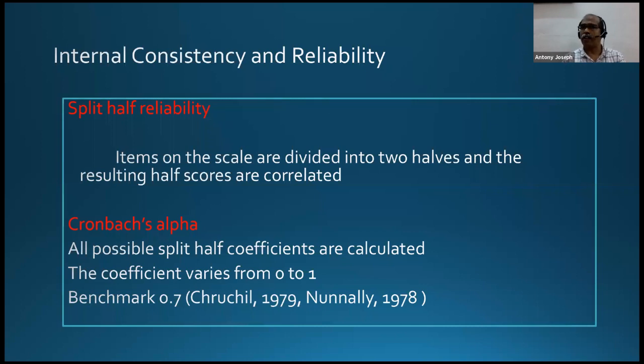Those who have learned probability will understand exactly how many combinations are possible. So the system itself will compute all the possible combinations of 15 each, and the reliability will be calculated, and the average of the reliability is taken. That is what Cronbach's alpha is.